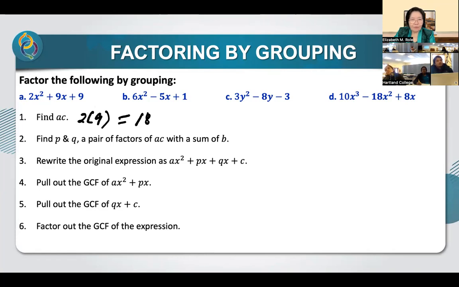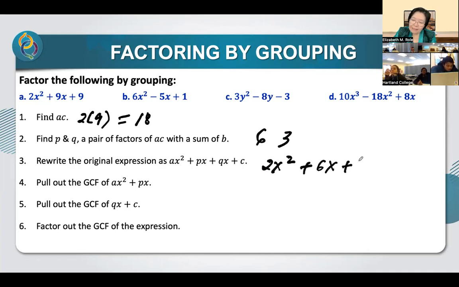Everybody agrees? So this is now 6 and 3. 6 times 3 is 18, 6 plus 3 is 9. Then you can now write it as 2x squared plus 6x plus 3x plus 9. It's the same as 2x squared plus 9x plus 9. Then just immediately you group this and group this one.